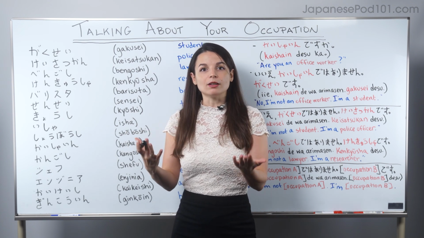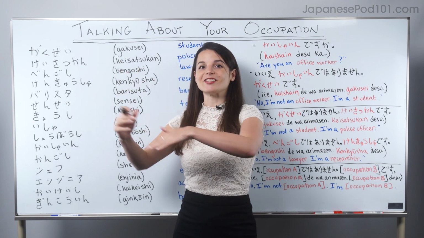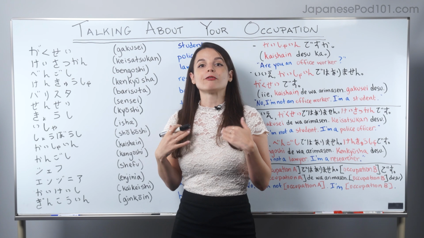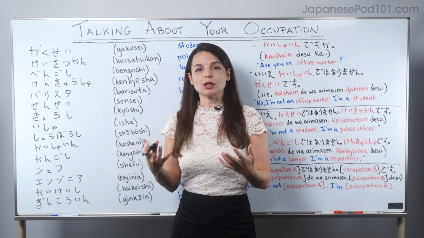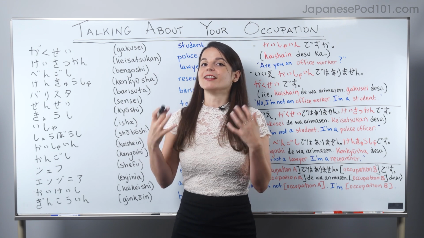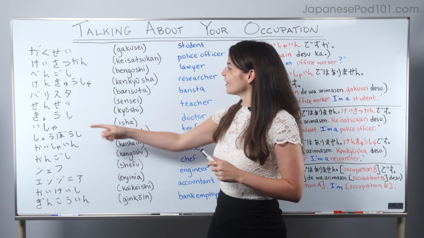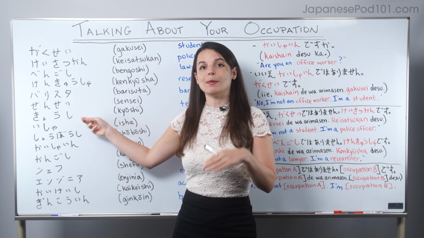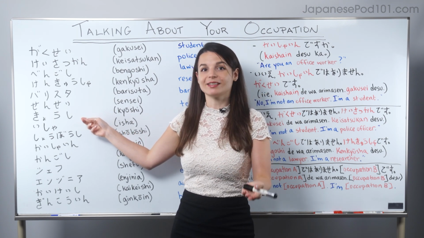This is a title. Other people call their teachers sensei. We typically don't say it for ourselves. For example, if you wanted to talk about me, you might use my name plus sensei, but I wouldn't say I'm a sensei. When you're talking about your profession, you can say kyoshi. So I'm a kyoshi would be I'm a teacher.